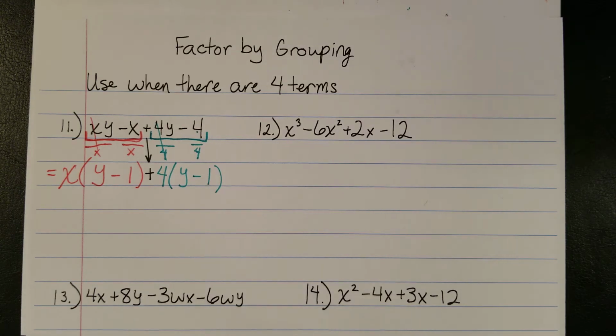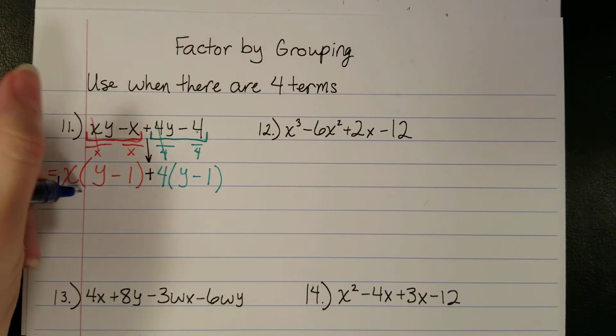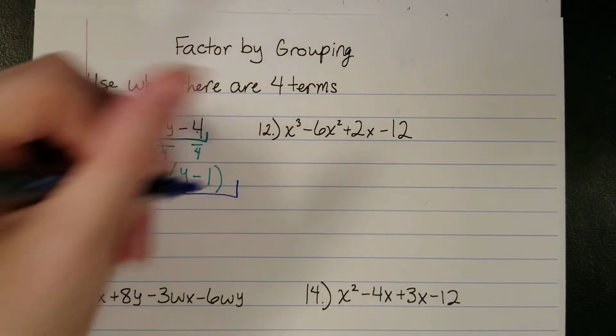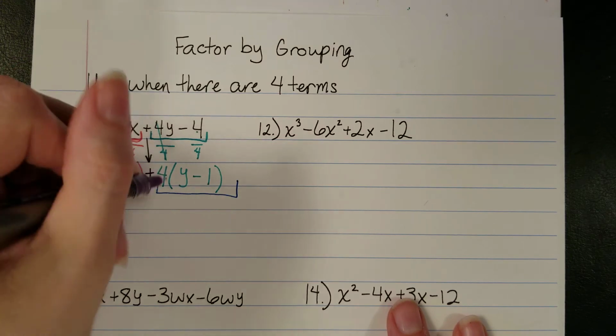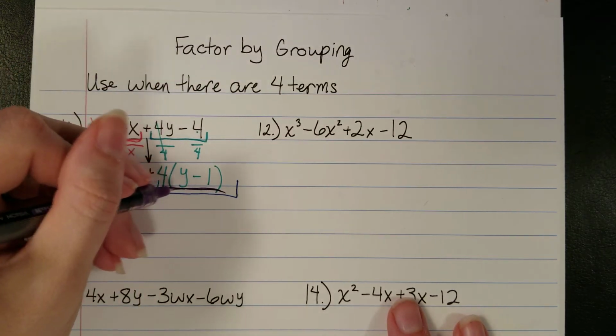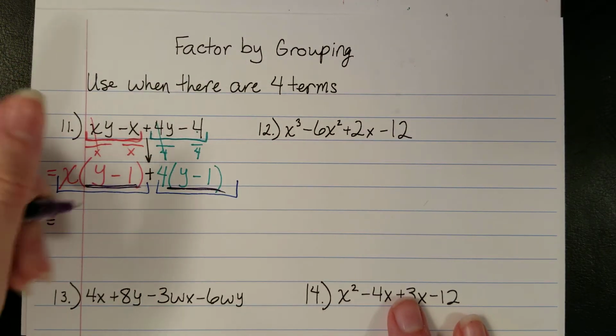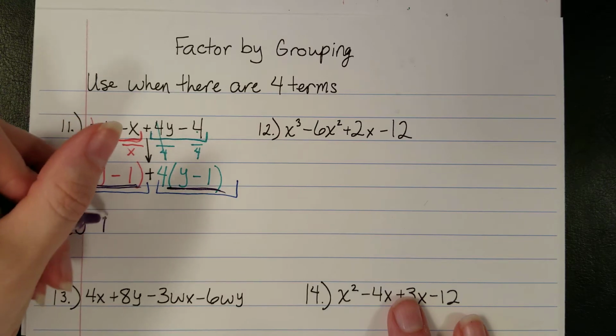now I'm going to look at it like here's one term and here's another term, and what do those 2 terms have in common? Well, what they have in common is y minus 1. That's now my GCF. So write down your GCF first.